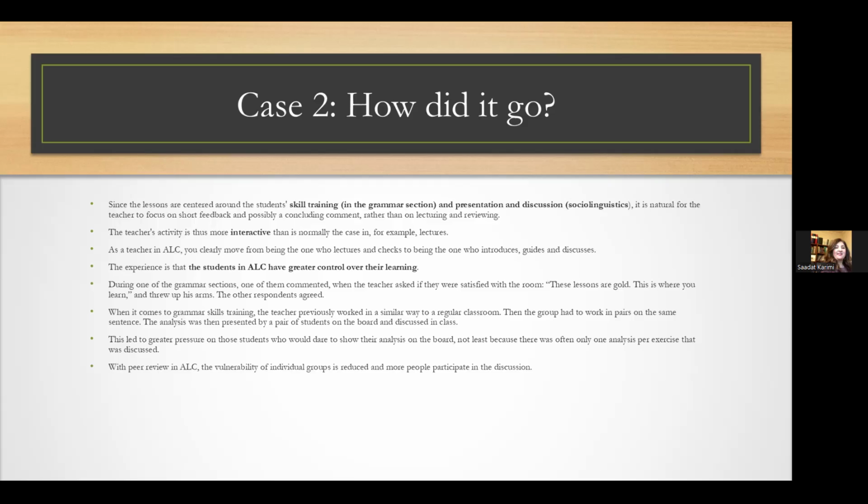This led to greater pressure on those students who would dare to show their analysis on the board, not least because there was often only one analysis per exercise that was discussed. With peer review in ALC, the vulnerability of individual groups is reduced and more people participate in the discussion.